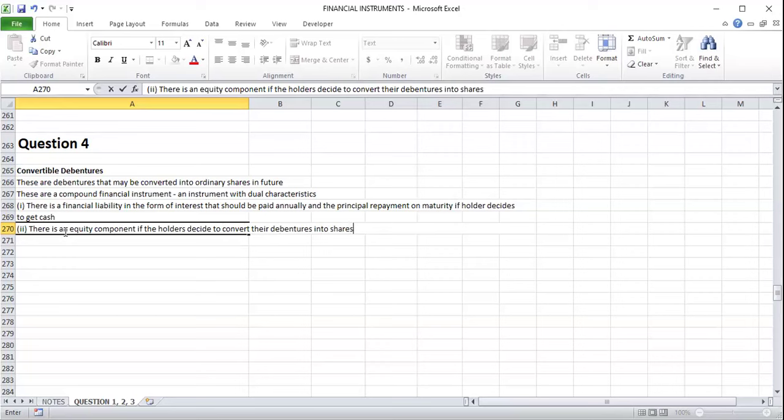So that means when you buy those debentures, you are buying two things: the liability and the equity component. So as a result, according to IFRS 9, the company has to recognize the liability component and the equity component. Right.